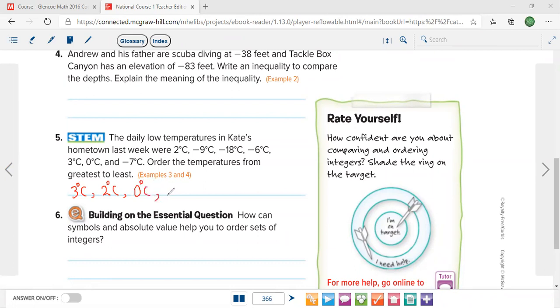Then you go for the negative: negative 6 degrees Celsius, then negative 7 degrees Celsius, then negative 9 degrees Celsius. Finally, you have negative 18 degrees Celsius. If you don't know how to order, draw a number line and plot the degrees, and you can order. It's very easy.